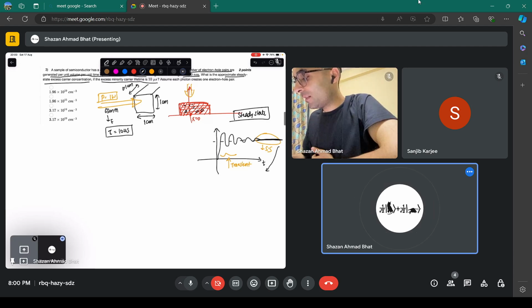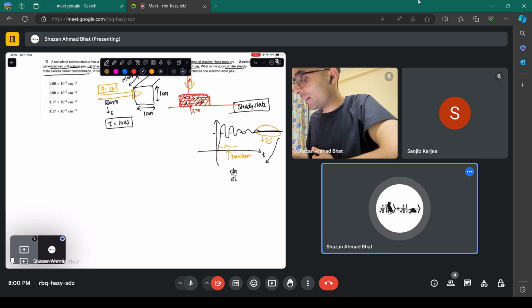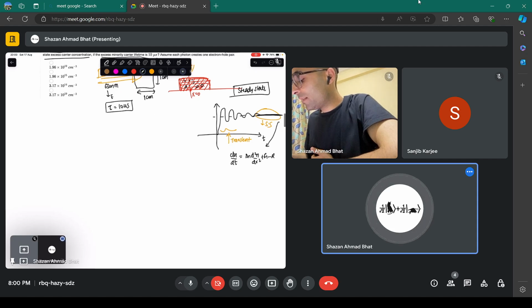if you have a diffusion equation for the electrons, something like this, which is generation minus the recombination. This means the rate of change of electron concentration depends on generation and on recombination.